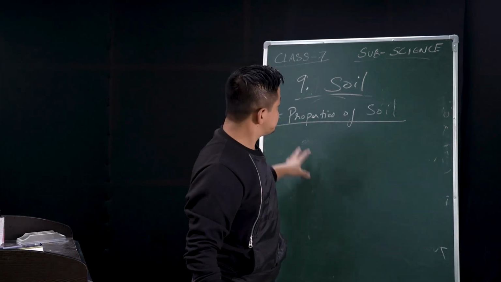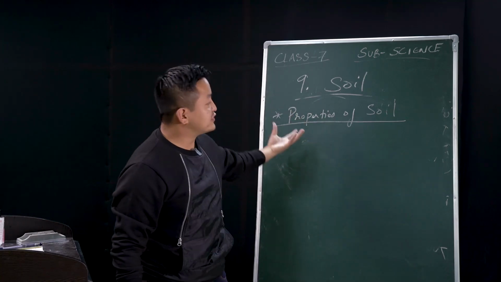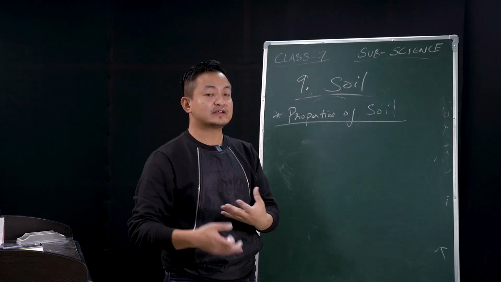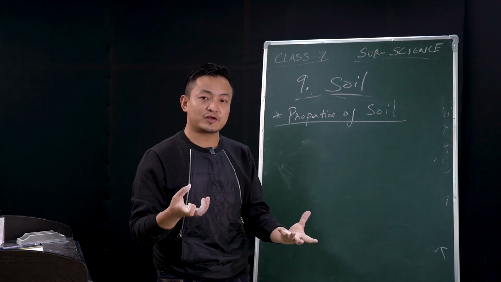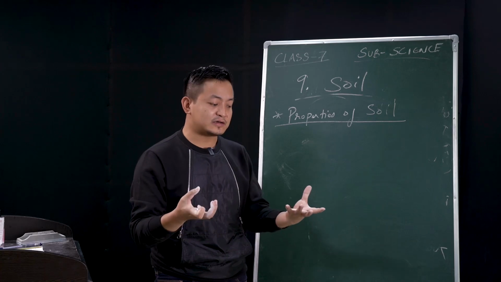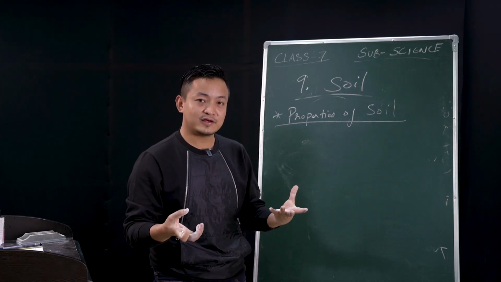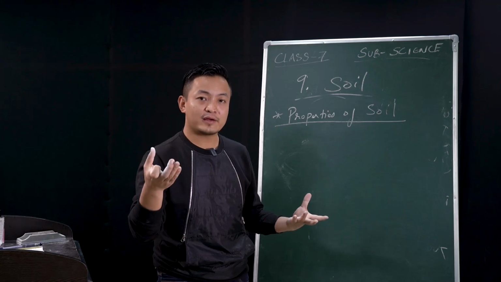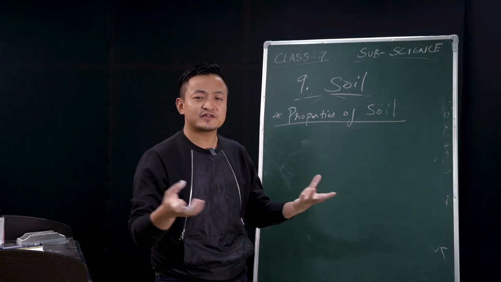Okay, so students, now we'll study the properties of soil, okay? And after the properties of soil, we'll start with the types of soil, because there are many different types of soil, and all the types of soil have different characteristics. All crops will not be suitable for different types of soil.